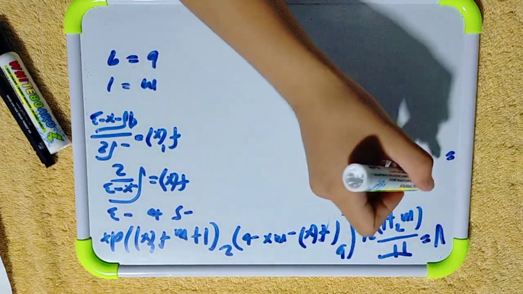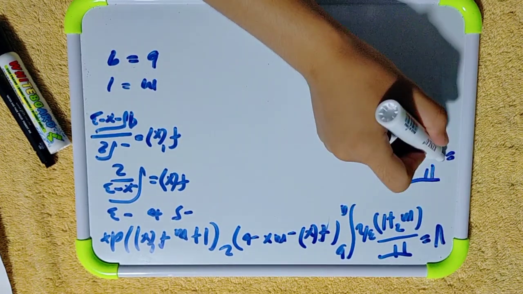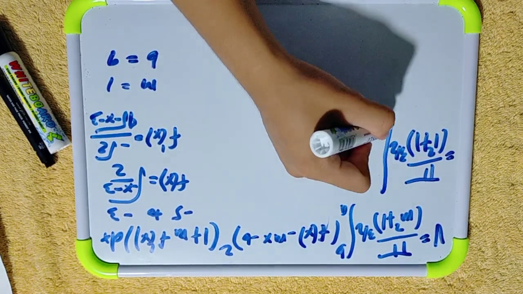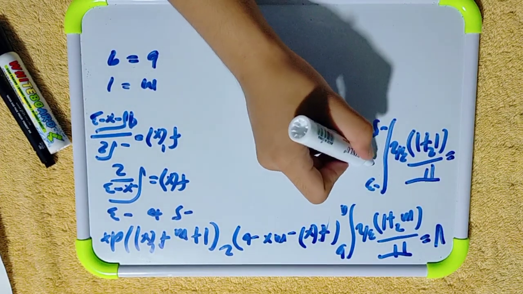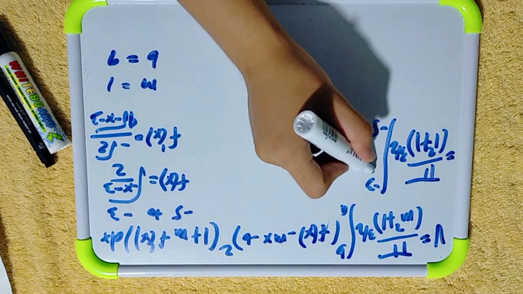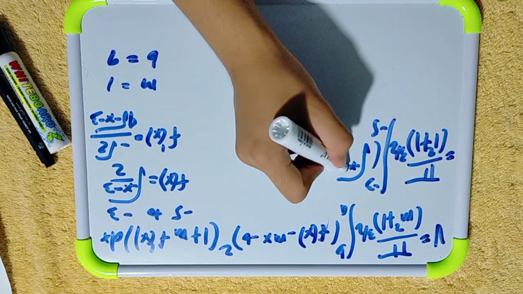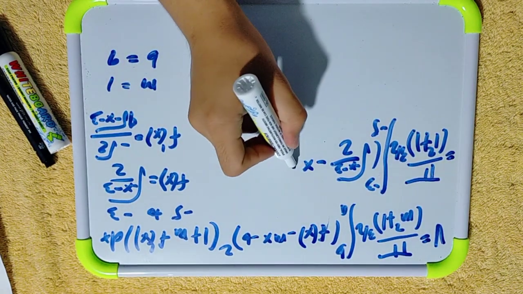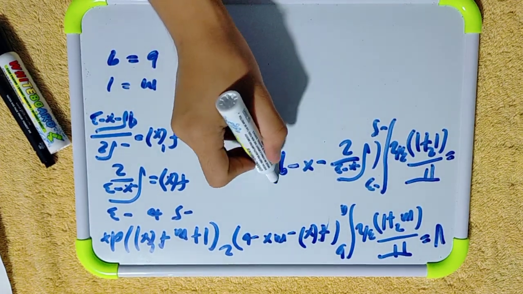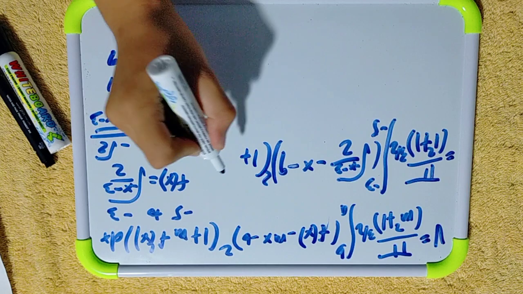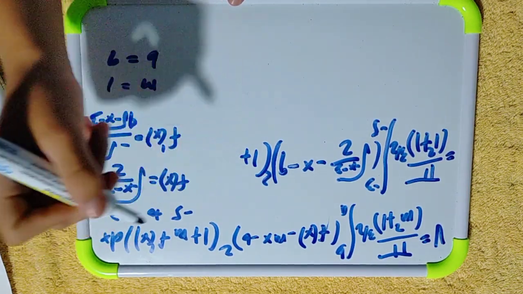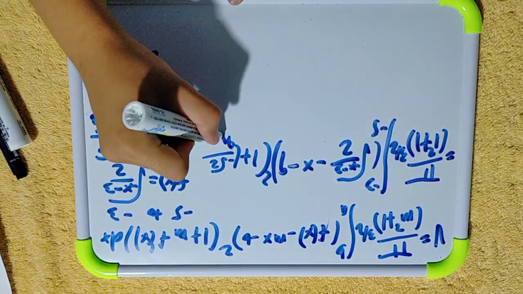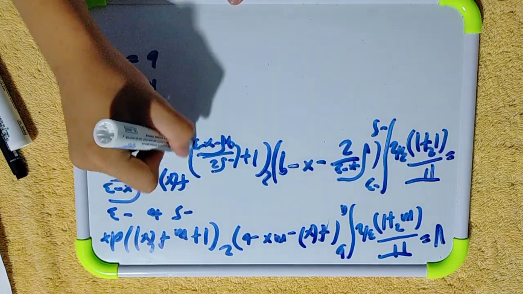So, the volume is equal to pi all over 1 squared plus 1 raised to 3 halves, the integral of negative 5 to negative 3 of f of x natin, square root of negative x minus 3 all over 2, minus x pa din, 1 times x is x, minus yung b natin is 9 squared times 1 plus m natin is 1, times negative square root of 2 all over 4 square root of negative x minus 3 dx.